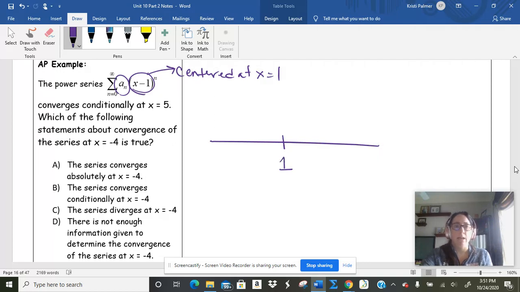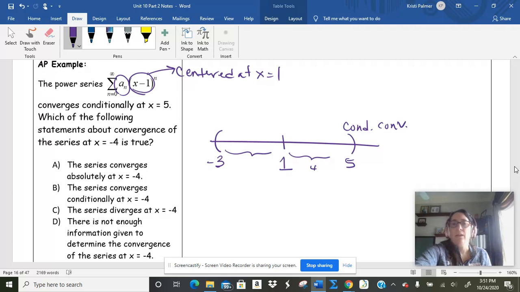Then it says that at 5, we conditionally converge. I went out 4 here. I'm going to go out 4 that way to see where I would be. And that would put me over here at -3.